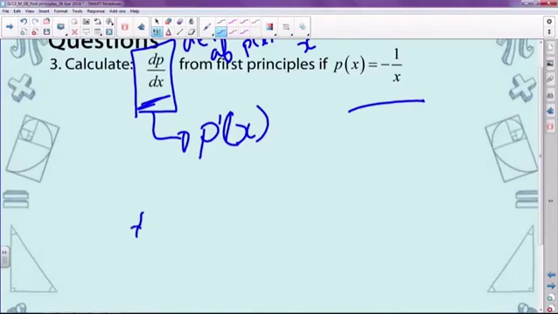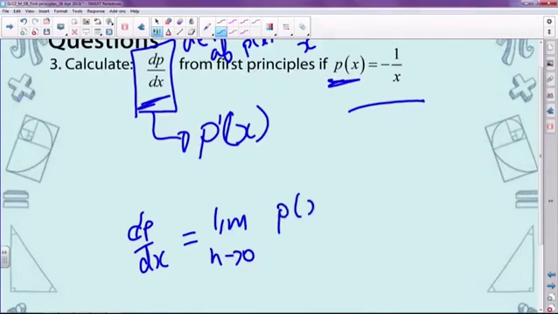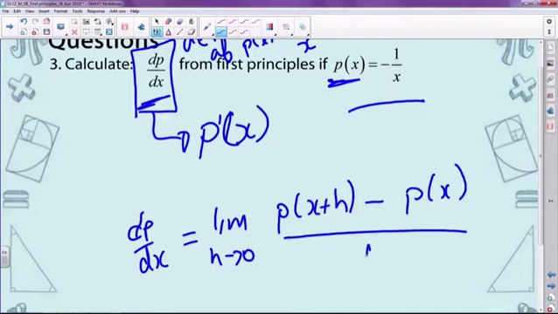I'm looking for dp over dx. Remember, this is not a fraction, it's an operator. It tells us that we're looking for the derivative. So it's going to be the limit as h approaches naught, please don't use f because we're now dealing with the function p, of p of x plus h minus p of x, all over h.